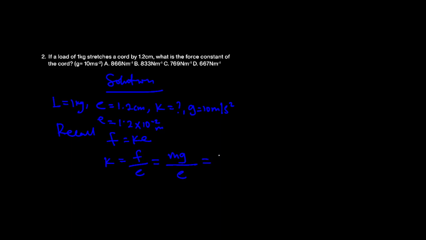We have the mass 1 multiplied by 10 divided by the extension 1.2 times 10 to the power minus 2. So with this, we get K equal to 10 multiplied by 100 divided by 1.2, and this will give us 833.3 Newton per meter.